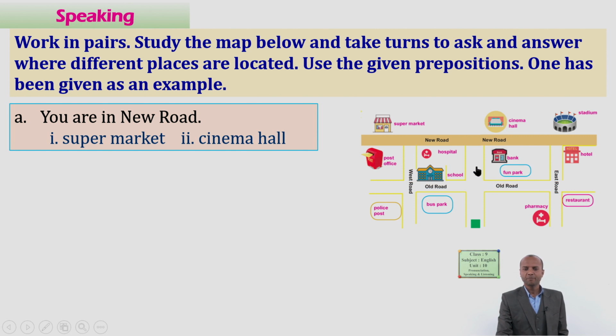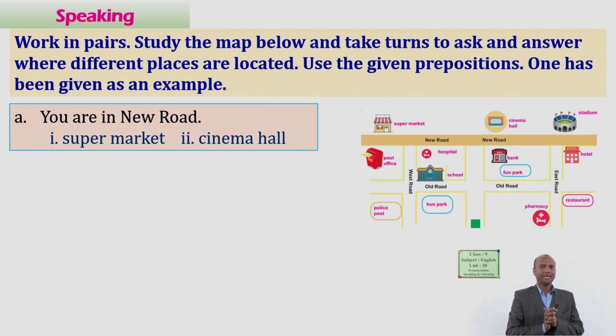So here you are in New Road. This is New Road, and you have to talk about the supermarket and cinema hall. The cinema hall is there, I'm highlighting it, pointing to it, and you have to talk about the supermarket as well. Now, how would you make a dialogue?